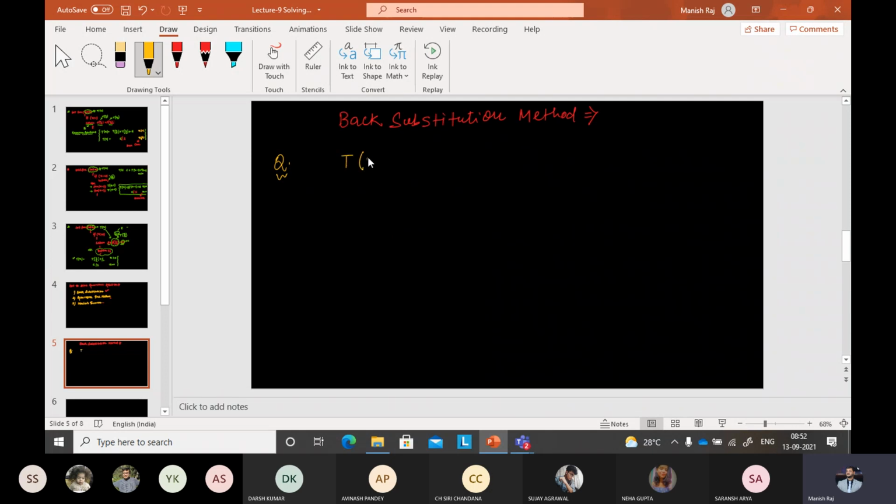This type of relation is given to you, with one or a constant. I am writing one. This is the condition for n equal to 1, and this is the condition for n greater than 1.